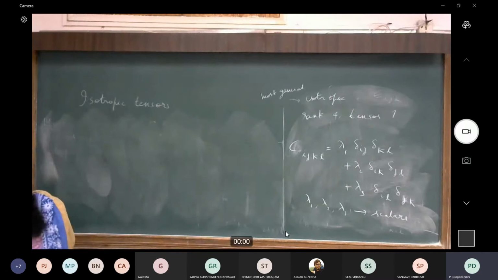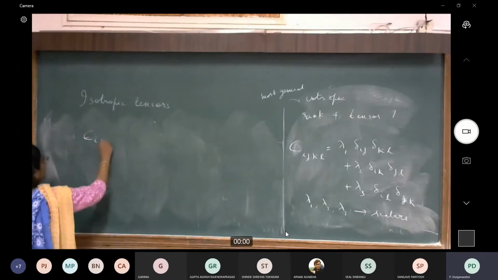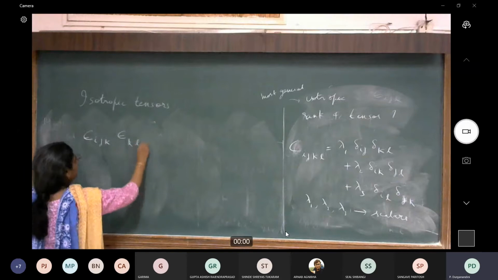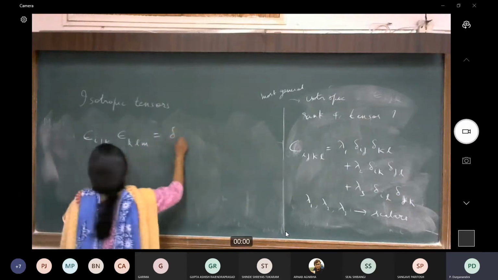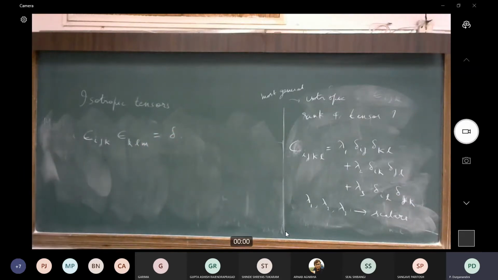So yesterday I showed you that epsilon ijk, epsilon kmn will be equal to delta im, delta jn minus delta in, delta jm.